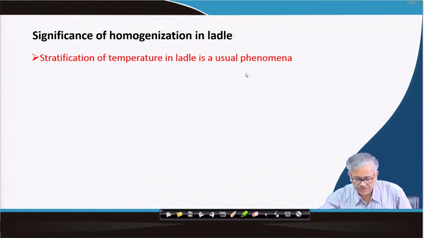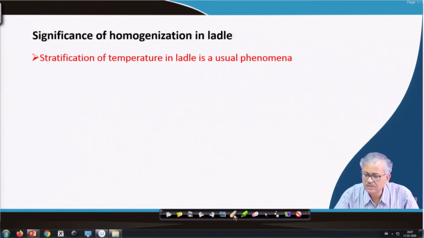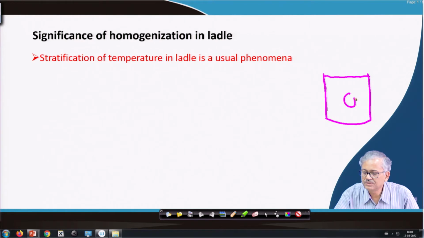And the stratification, if you want to see, it will look like this. If you have a ladle like this, you can have this type of stratification of temperature because heat is being lost.